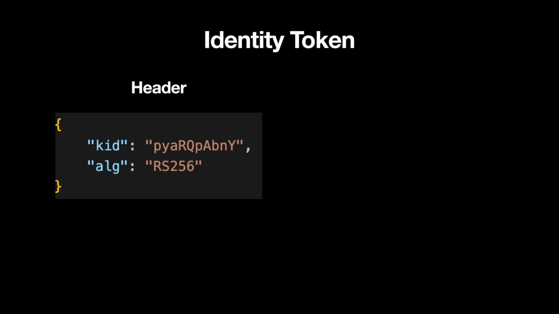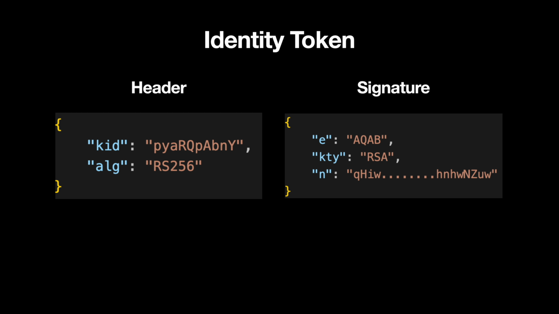We'll discuss this later. ALG is the algorithm which is used to digitally sign this JWT token. This is used to verify the authenticity and the integrity of JWT, and the signature, of course. In this identity token, we have E and N. E represents exponent and N is modulus, and we'll discuss this in detail later on.